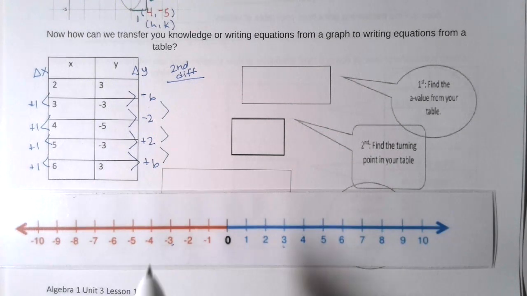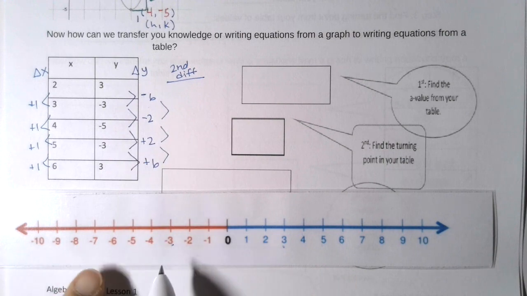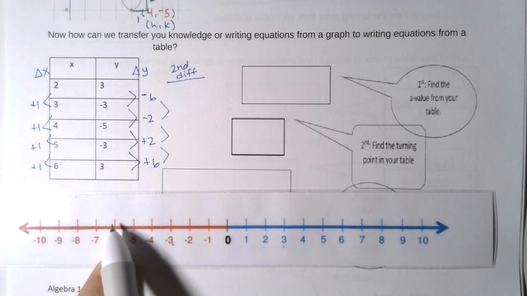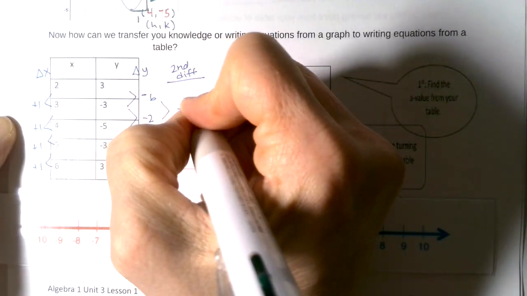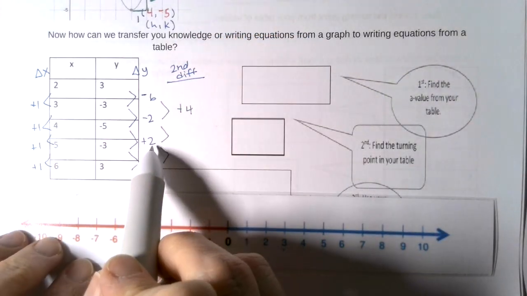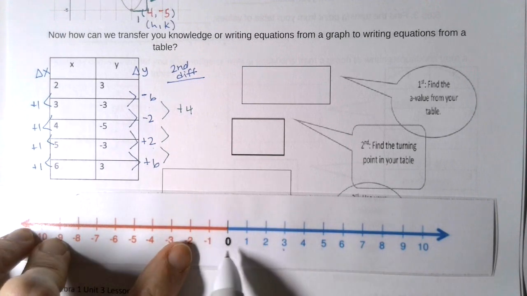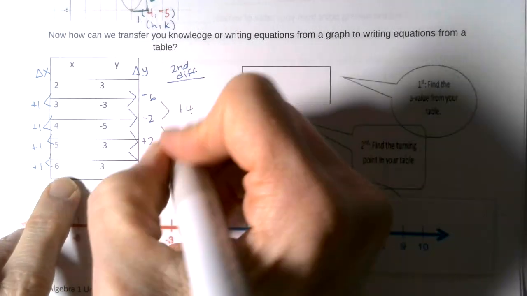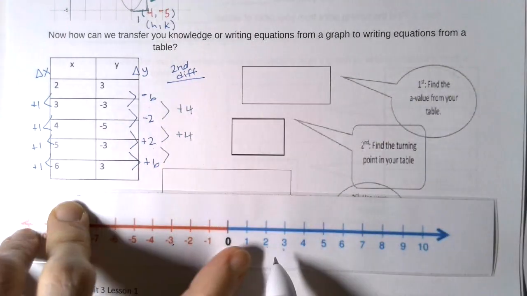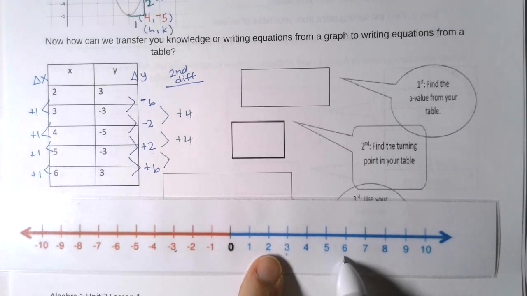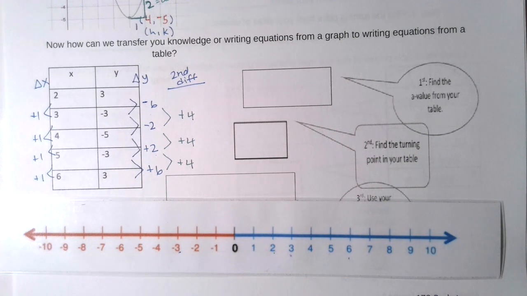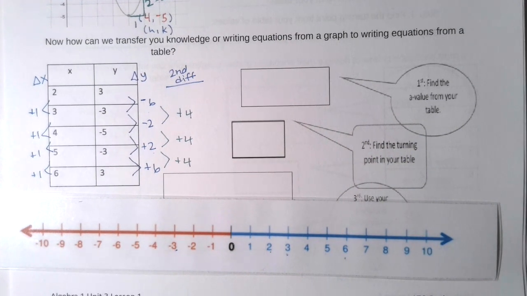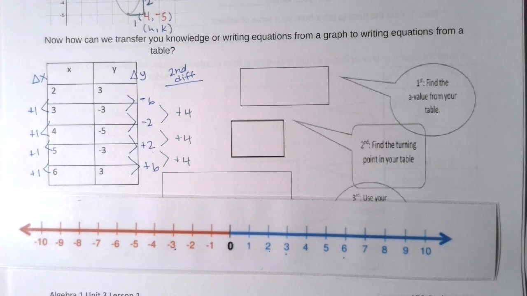From -6 to -2 is going to the right. That's an increase of 4. From -2 to +2 is also an increase of 4, adding 4. And from 2 to 6, you're also increasing by 4. So because our second difference is constant, we have just confirmed that this is a quadratic function.